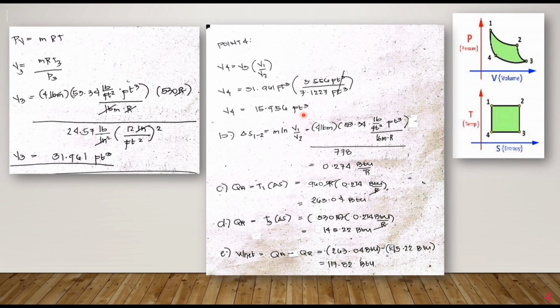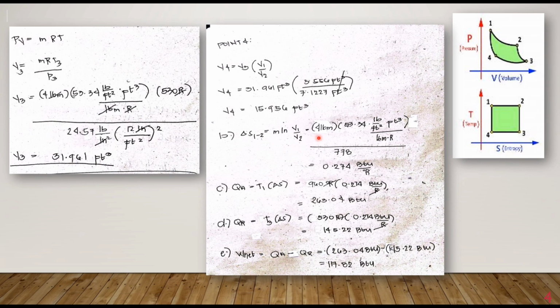And for our B, we have change in entropy from 1 to 2 is equal to M R ln of V2 over V1.